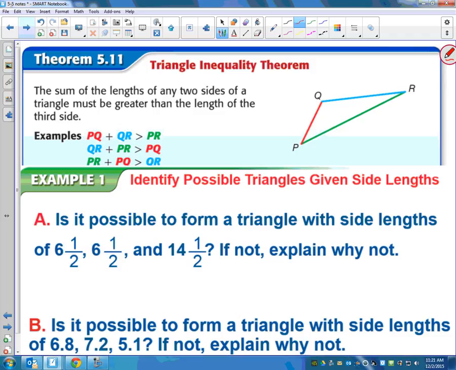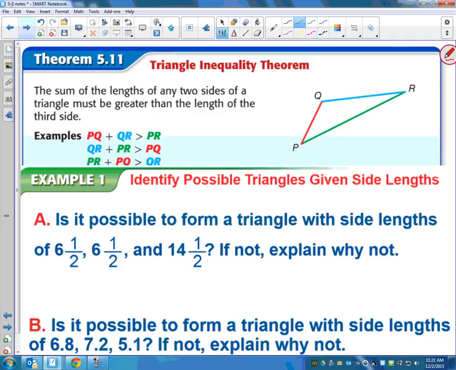And so part of your homework today is just to give you numbers and notice they give you things that aren't considered complicated. But they just ask you, does it make a triangle? And then they ask you to explain why not, which means kind of justify your answer.